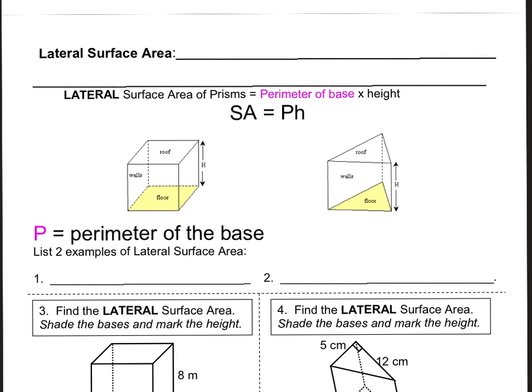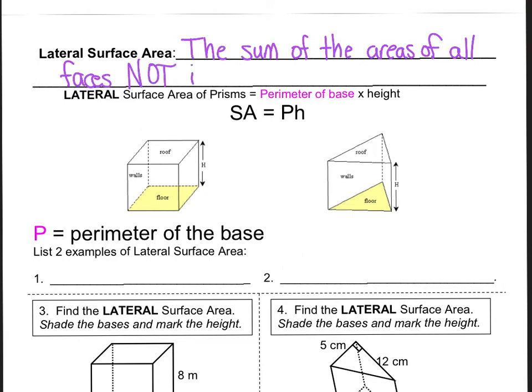Lateral surface area, let's go ahead and define it, is the sum of the areas of all faces, not including the bases.